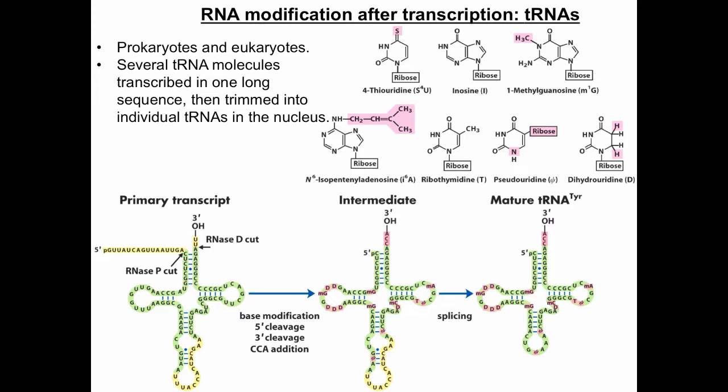At the 3' end, 3 bases are added, 2 C's and an A, and then there's also some splicing. There's also base modification where the bases can be modified, and splicing where some of the bases are removed from the transcript, forming the mature tRNA.